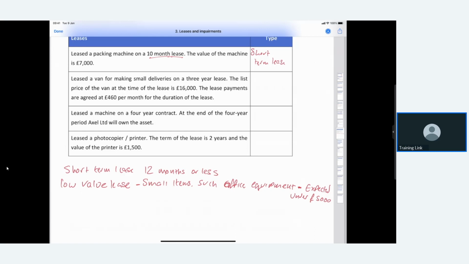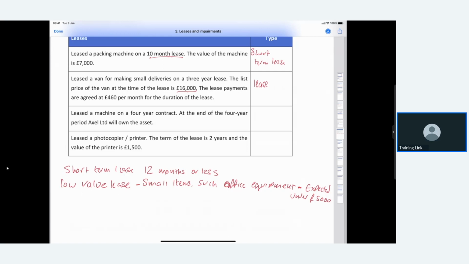Leased a van for making small deliveries on a 3-year lease. The list price of the van at the time is £16,000, and the lease payments are agreed at £460 per month for the duration of the lease. Would fall under a standard lease. Definitely wouldn't fall under the other two.